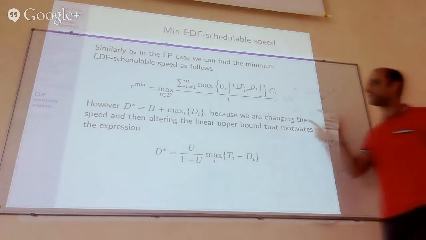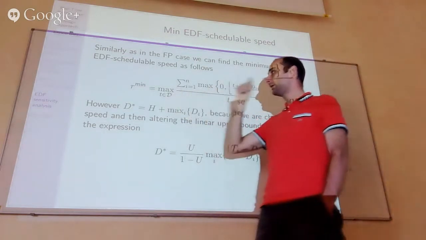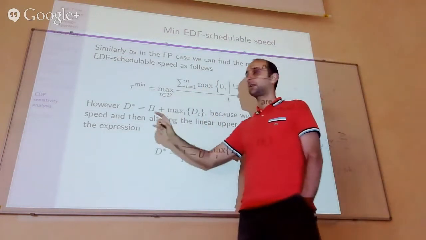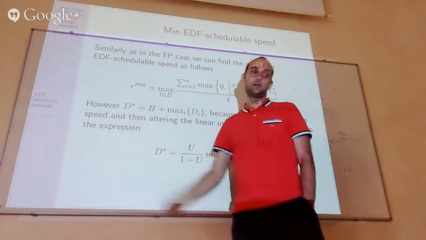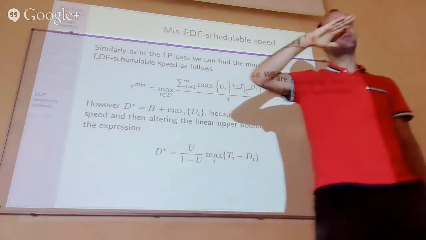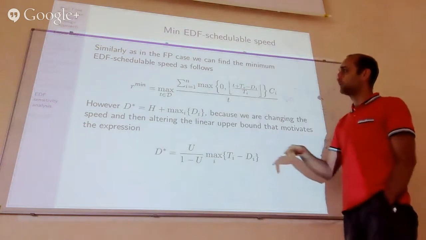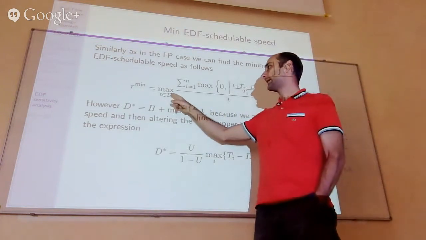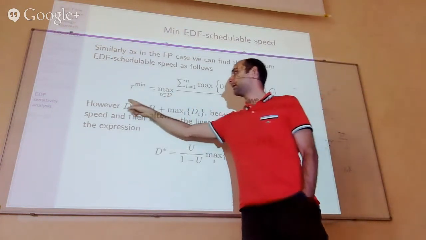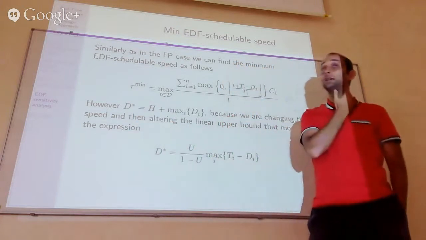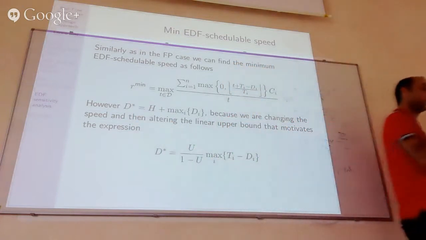However, we have to consider how we compute D, the set of deadlines. If we use the linear upper bound of the DBF into the set D, it includes D star, and D star was a function of the utilization.